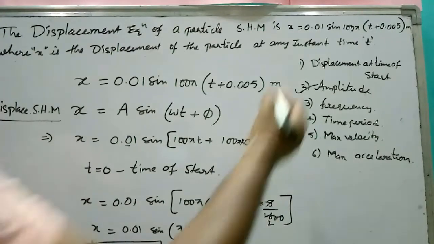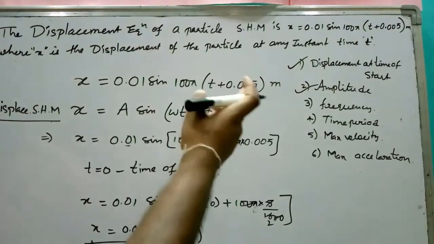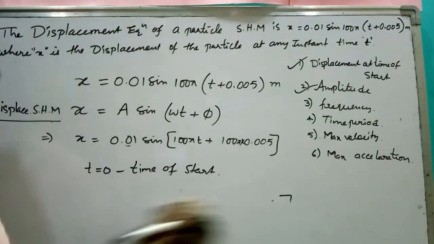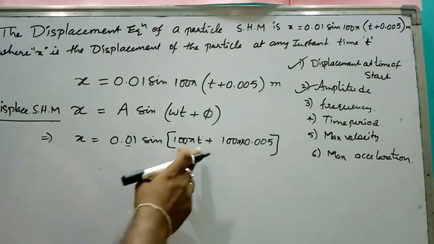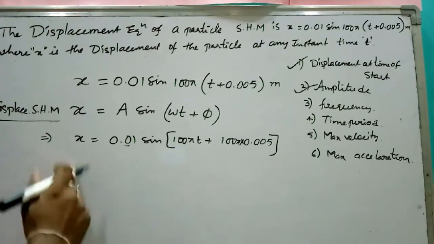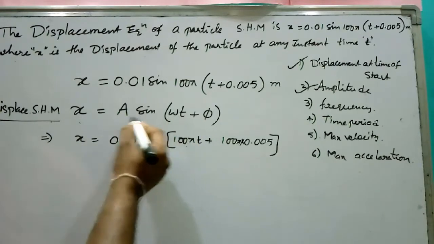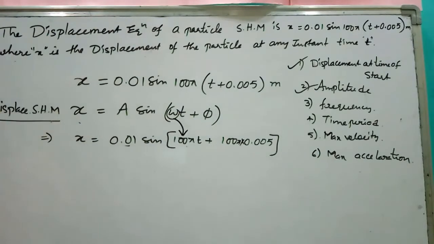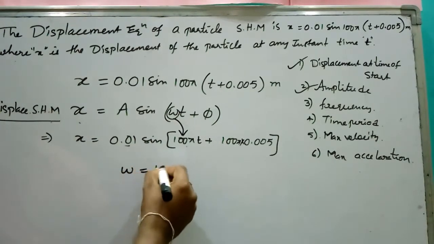Next, we may be asked to find the frequency, time period and maximum velocity. To calculate the frequency and time period, we need the omega value. How much is omega here? Comparing this equation with x equal to A sine of omega t plus phi, omega is equal to 100 pi.